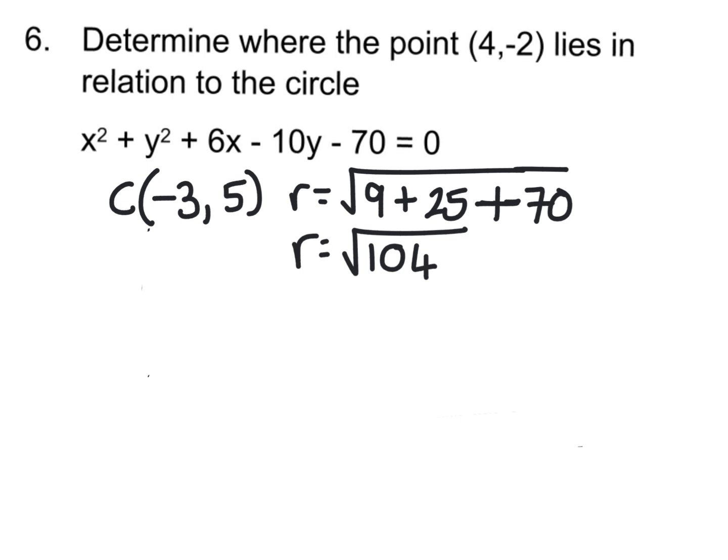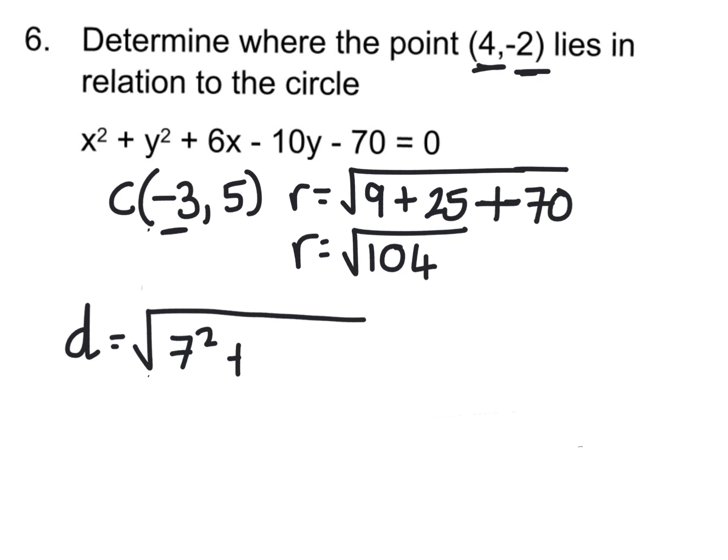Okay, then what I'm going to do is get the distance between the centre and the point. So my distance would be the square root of, and then I'm going to compare the 4 to the negative 3, that's a distance of 7, so 7 squared. Compare the negative 2 to 5, that's a distance of 7, so plus 7 squared.